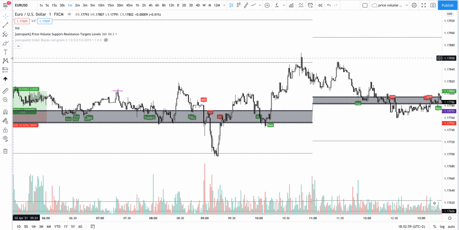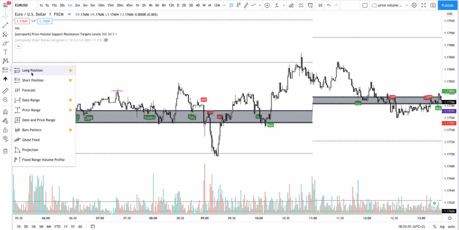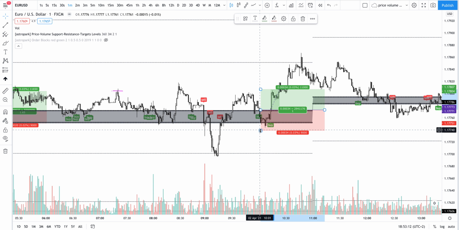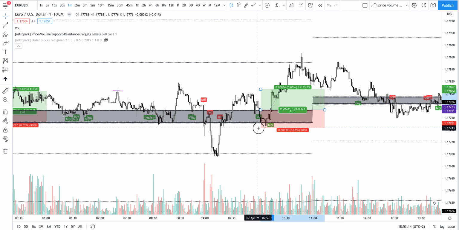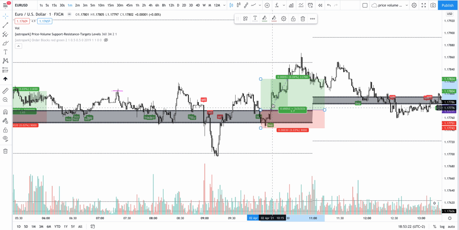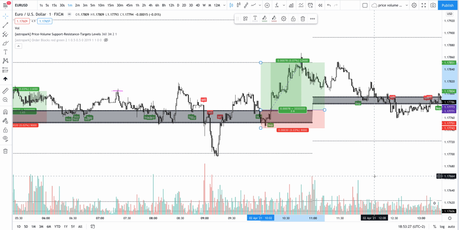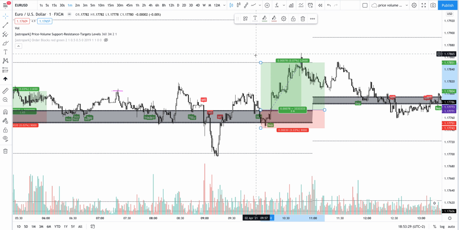Okay, so here again, for example, the long. In my opinion you would for sure have been stopped out, unless you put the stop below this recent low. So you would have been lucky to not be stop lossed, but eventually you would go long here again, targeting the first target.